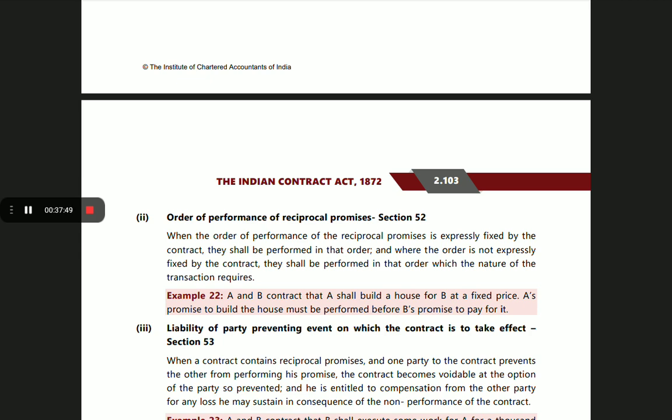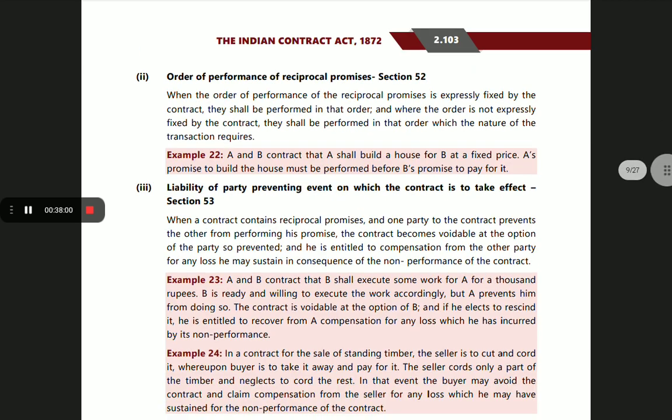Liability of party preventing event on which the contract is to take effect. Section 53.